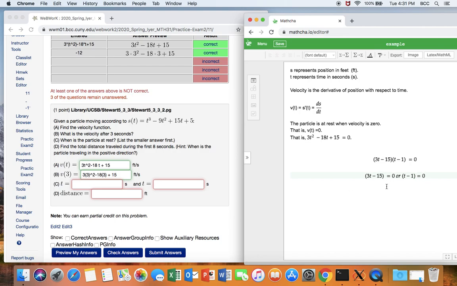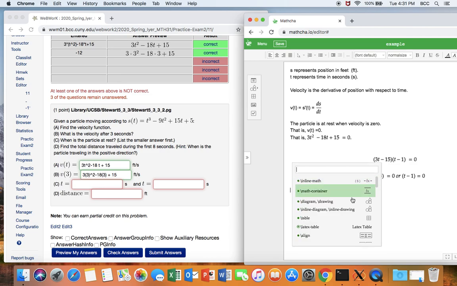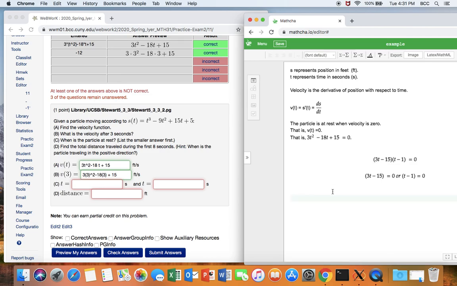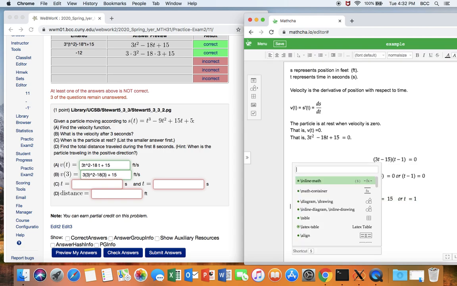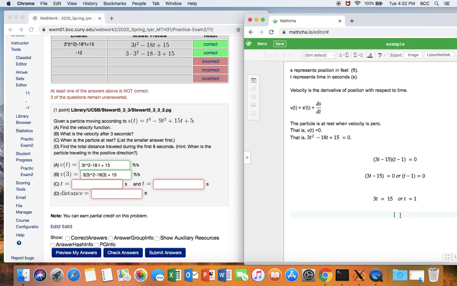When you proceed to solve for this, you obtain t equals 5 or t equals 1.